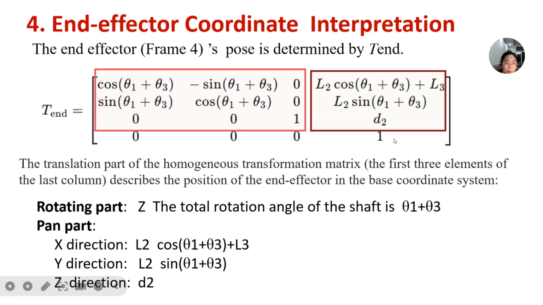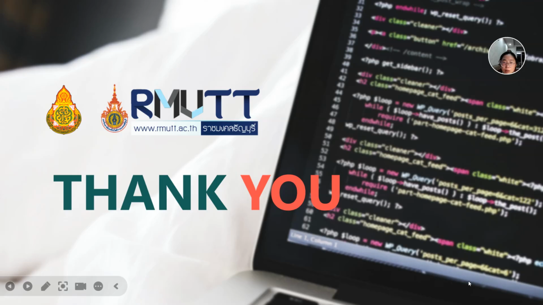We can also say the total rotation angle of the shaft is theta 1 plus theta 3. This is all of my homework. Thank you.